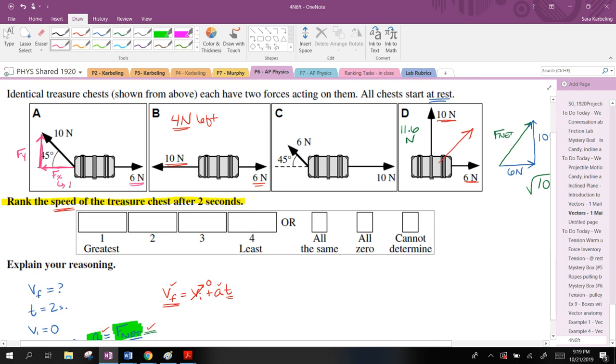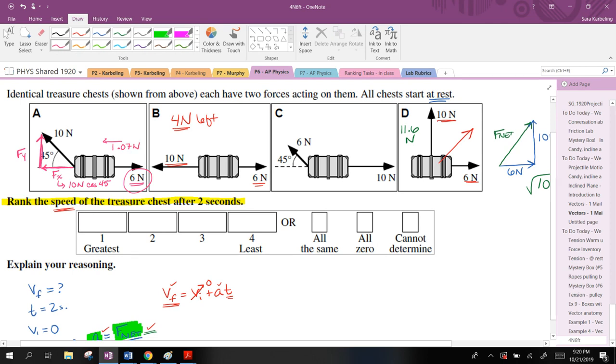Fx is going to be 10 newtons times the cosine of 45, also the sine of 45. 10 times the cosine of 45 degrees is 7.07. So that means that I've got 6 newtons pulling to the right and 7.07 pulling to the left, which really in the x direction is a net force of 1.07 newtons.